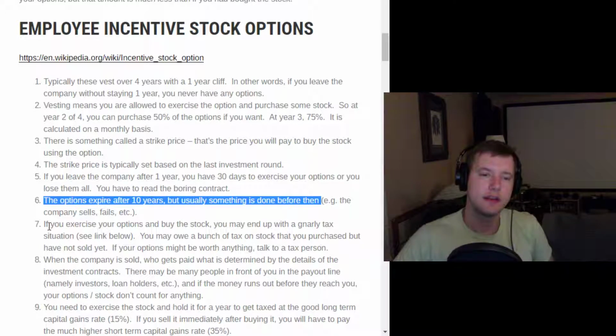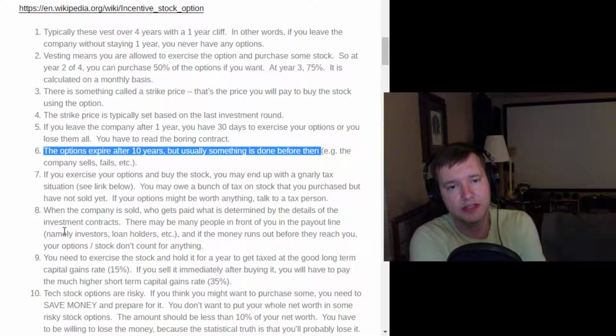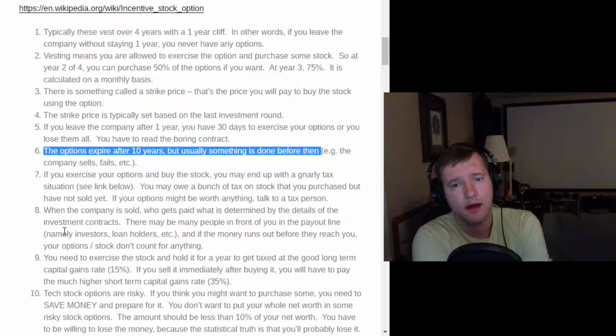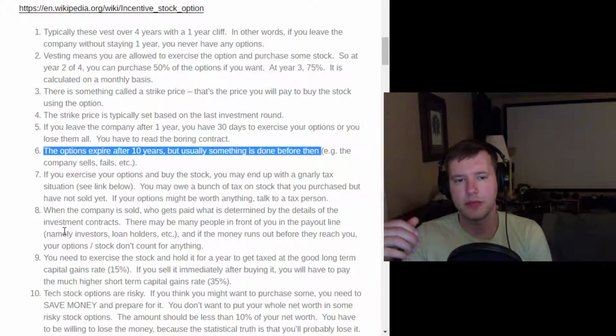All right, now we get into the details of some of these investment contracts. When the company is sold, who gets paid what is determined by the details of the investment contracts when people invest in the company. More or less, these investment contracts determine who, when there's an exit event and people are being paid money for their shares, there is an order in the line of people waiting to be paid.